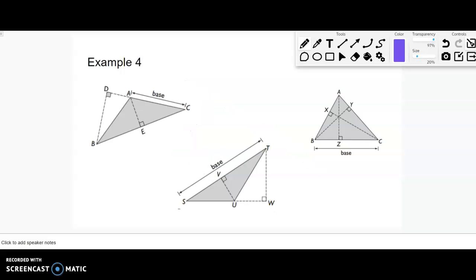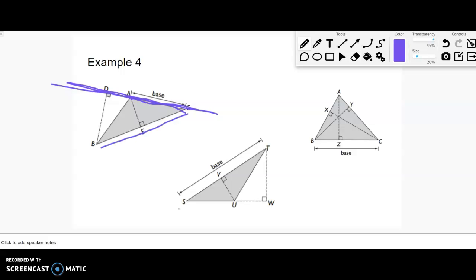All right, so now they gave us the base, so we just have to say which line is the height. Again, here's the base. Okay, what line is perpendicular to that line? Some of you might be tempted to say this one, but notice the lines I just traced are not perpendicular, so I know that's not the height.